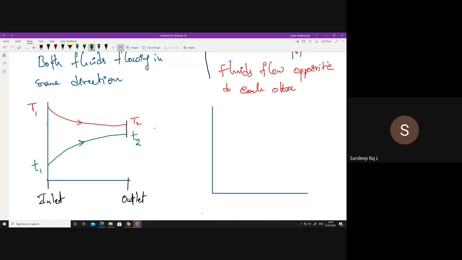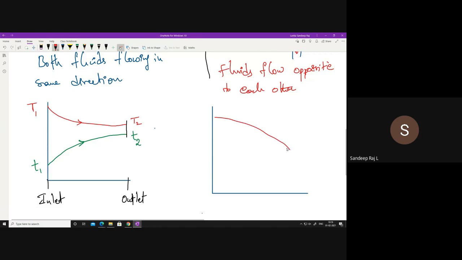Whatever may be the case, the temperature of the hot fluid will decrease, because it has to lose heat to the cold one. So this is the hot fluid temperature drop.